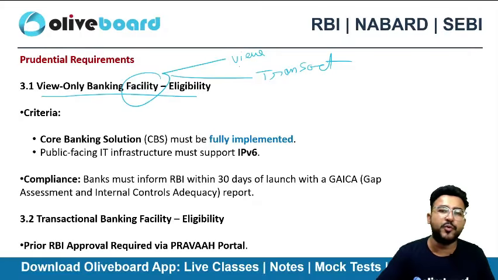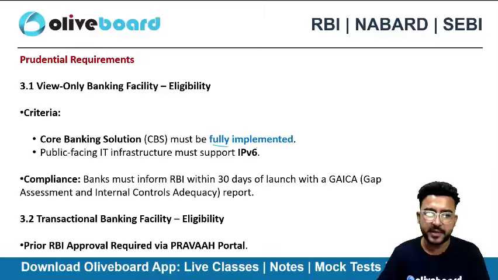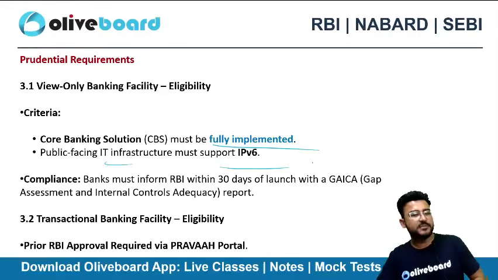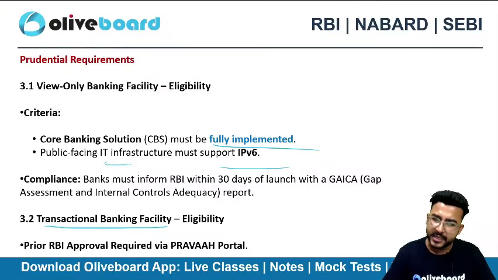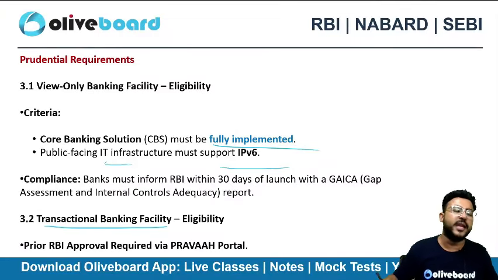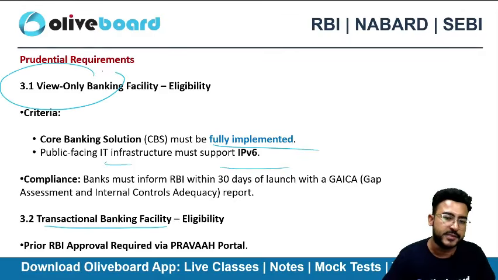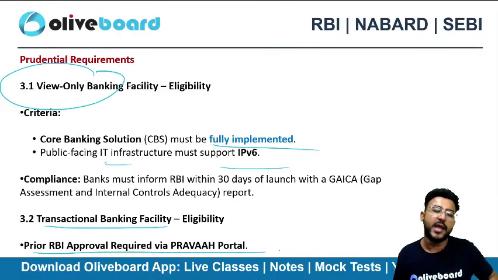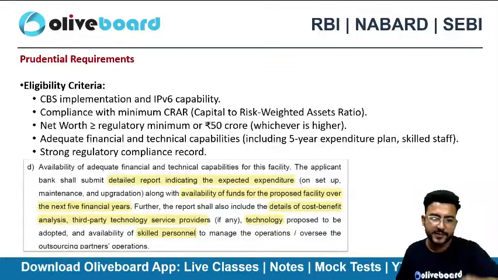If it is a view only facility, CBS must be fully implemented and IT infrastructure must be in place. If it is a transactional banking facility, you cannot directly go for it. First, if you have just the view only facility, you need to apply via the Pravah portal of RBI for the transactional facility.